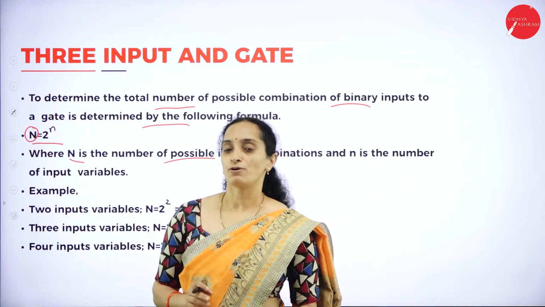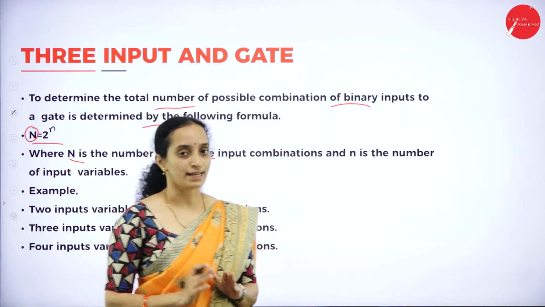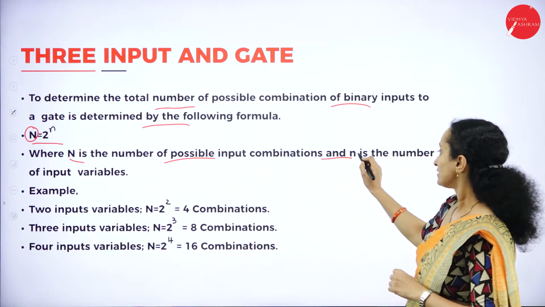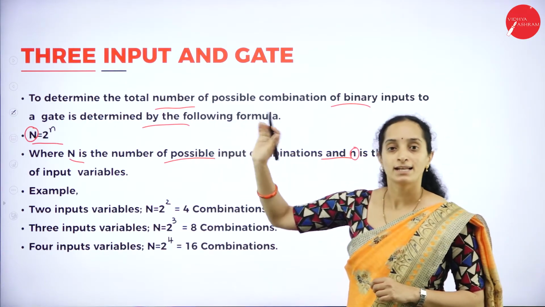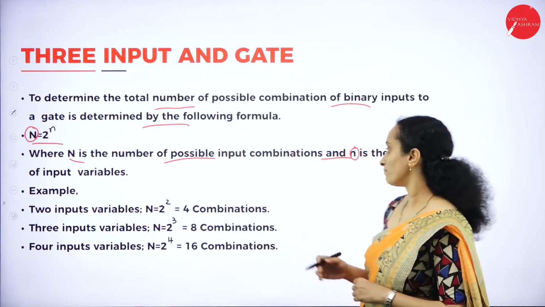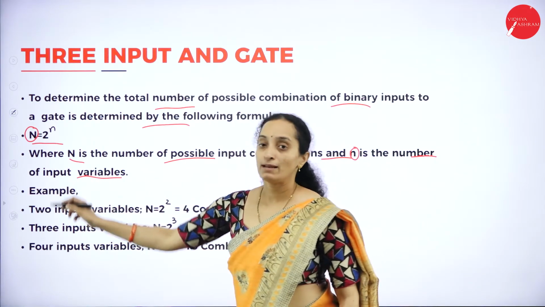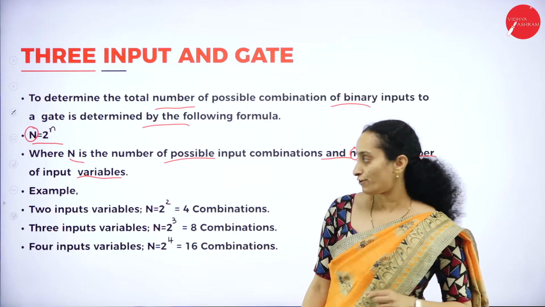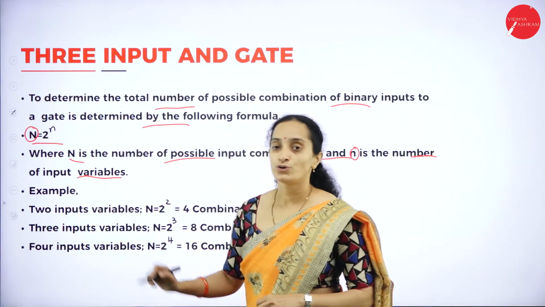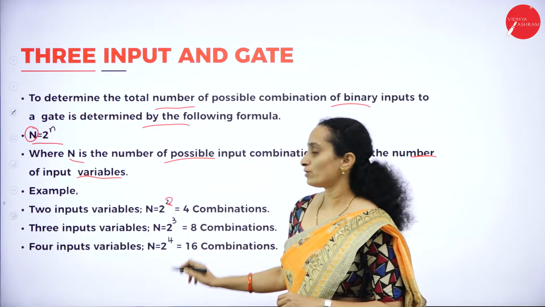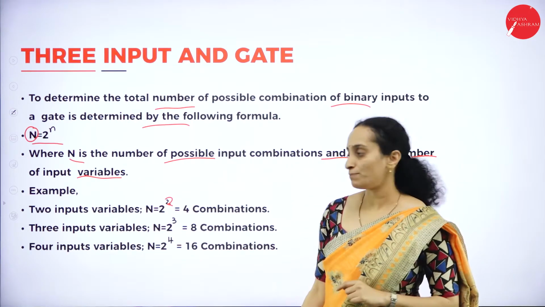Capital N is the number of possible inputs you can get over a gate, and small n is the number of input variables. For example, if you have 2 input variables A and B, you will get 2 to the power of 2, 4 combinations.